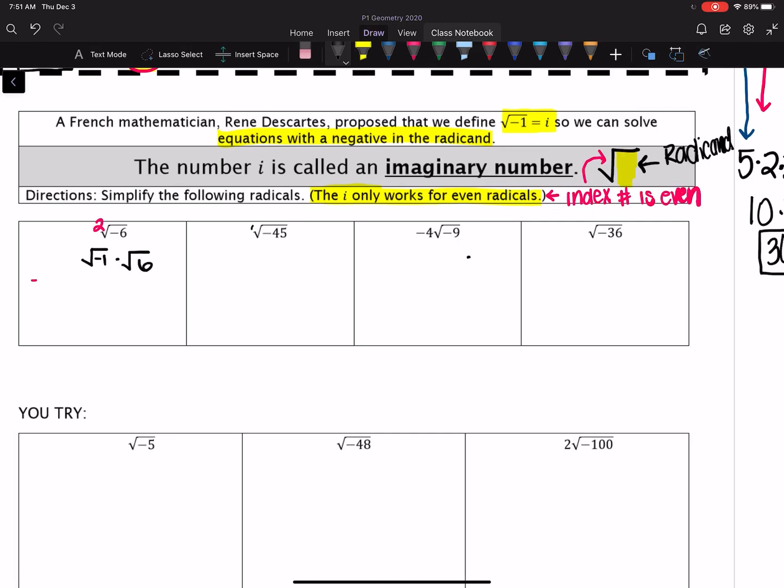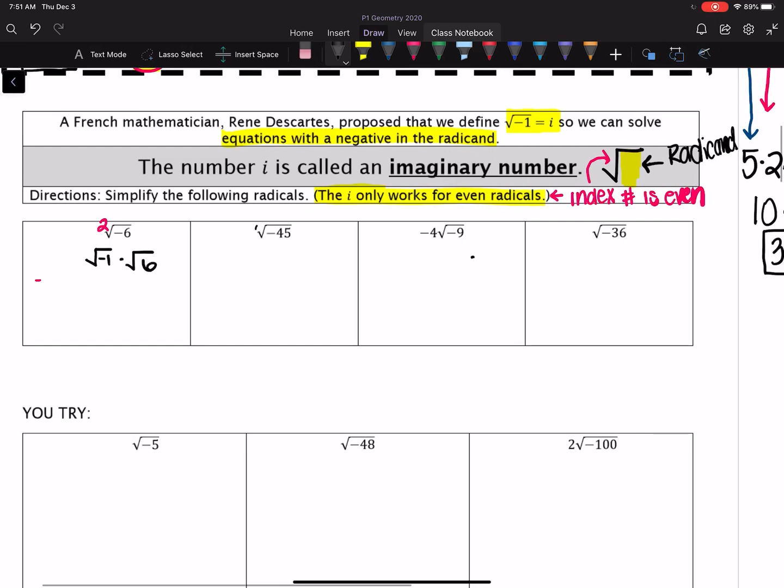In past units, we were able to multiply like radicals together as long as they had the same index number, and I could multiply the radicands and rewrite it. So we're just using that rule in the opposite direction here. Since I know i is equal to the square root of -1, I can use my substitution property and rewrite this as i times the square root of 6.